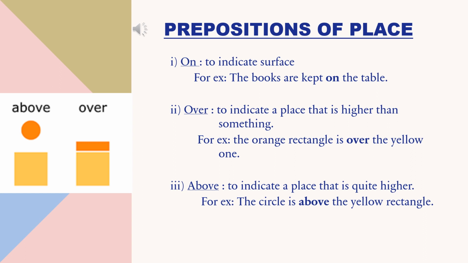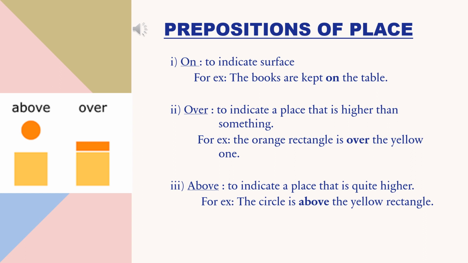We use on when there is a contact between the two objects. For example, the books are kept on the table. Now, obviously, the books are not floating. They must be touching the surface of the table. Therefore, we have used the preposition on.